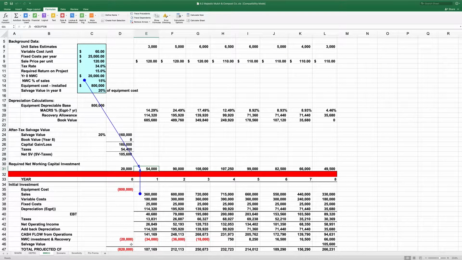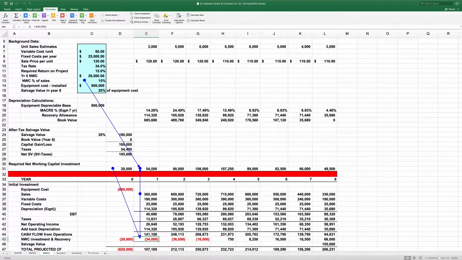Why is it 34? Because originally the year zero is $20,000, and now it goes to 54. So 54 minus this one: E31 minus D31. I'll do the calculation.